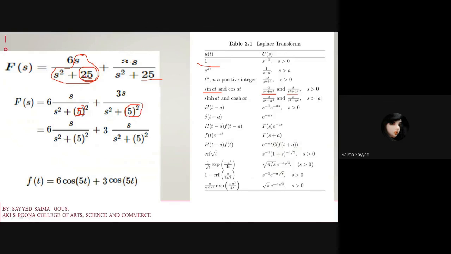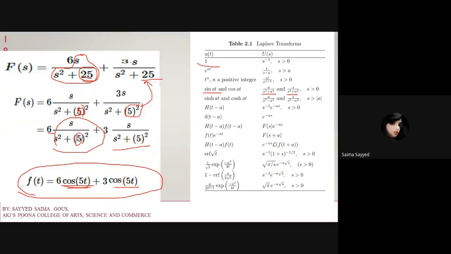So here 6s upon s square plus 5 square and 3 into s upon s square plus 5 square. So a is 5, and here cos 5t and cos 5t. Multiply with 6 and 3, so 6 into cos 5t plus 3 into cos 5t. So this is the f of t of this particular F of s function.